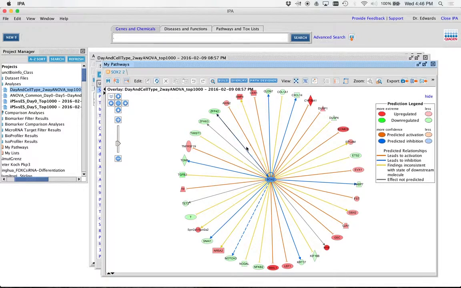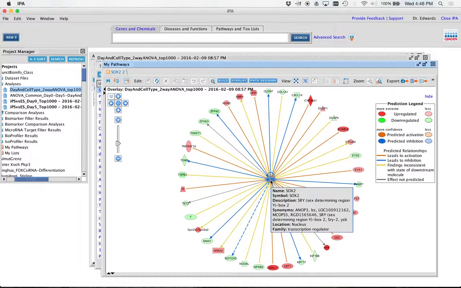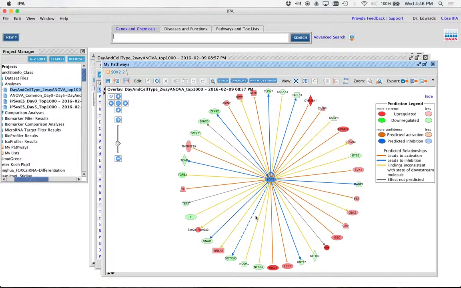These colors mean something. SOX2 is known to inhibit axin 2. It's saying that this is an activation relationship because this is going up, so therefore SOX2 must be going down. Again, anything in yellow is not following the trend.